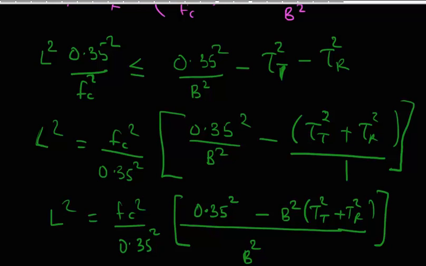So then, what did we do here? Because I do it on one fraction, it's 0.35 square. You're not squaring the FC. Oh my god.